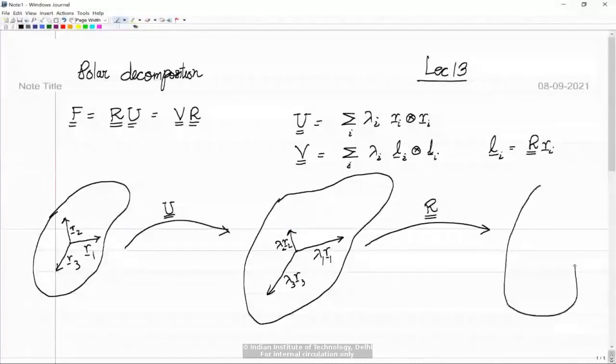Okay, but understand that it's the local rotation tensor, it's not the rigid body rotation tensor, because this local rotation tensor changes from point to point. So because of this local rotation tensor, the local infinitesimal lines are going to change their orientation.